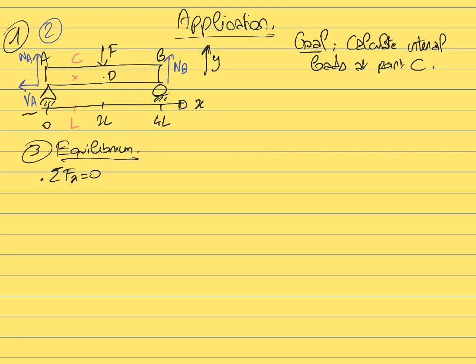In some cases, we have some intuition about how the reaction should be. For example, here, since you apply a force F going downwards, it's very likely that the reaction of the supports will be going upwards to counterbalance the force F. That's why I drew NA and NB as pointing upwards, because I had some intuition that if you have an external force going downwards, you need some reaction supports going upwards to counterbalance it.